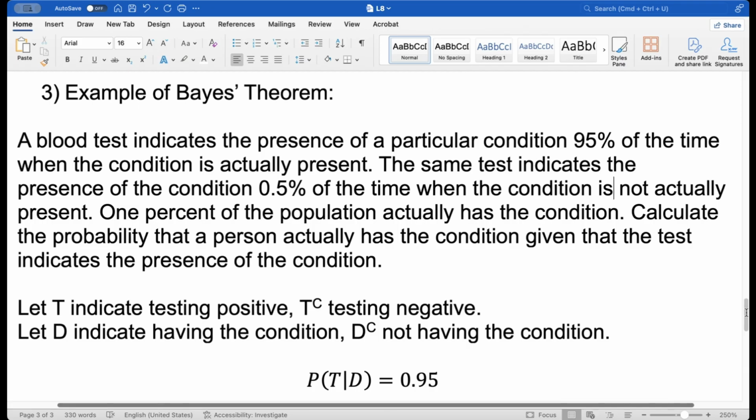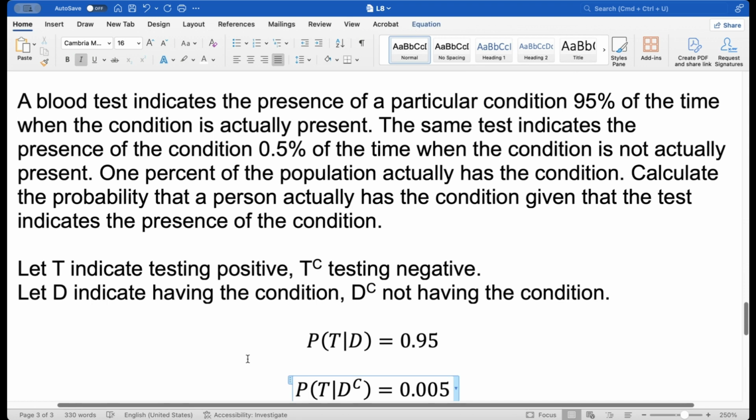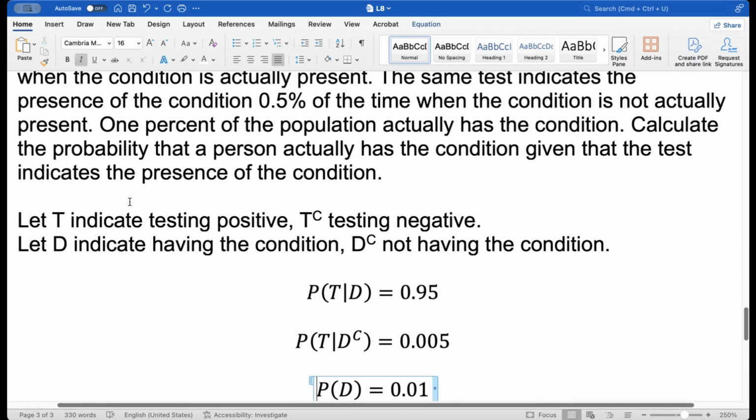Now, the 0.5%, which in decimal form, going two places to the left, is 0.005, that was the probability of testing positive given that the condition is not present, which is D complement, and that's 0.005. There's a 1% chance of actually having the condition, so the probability of D is 0.01.